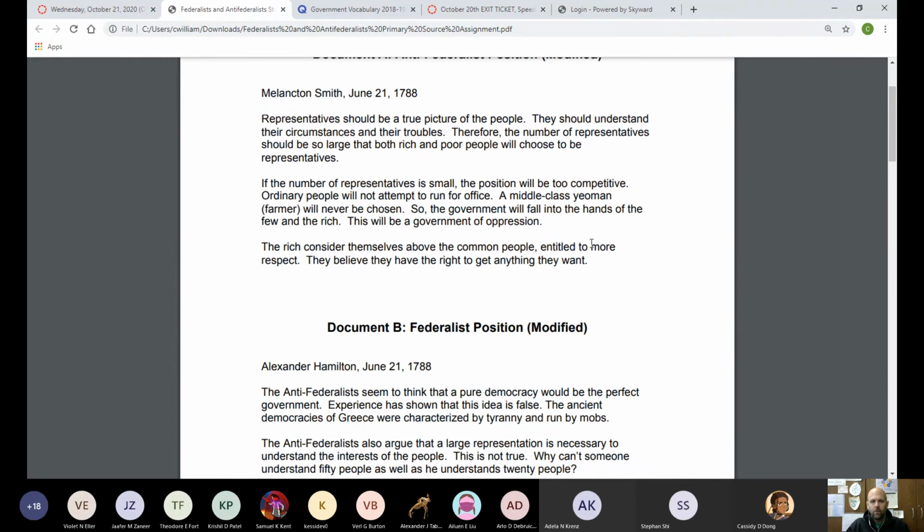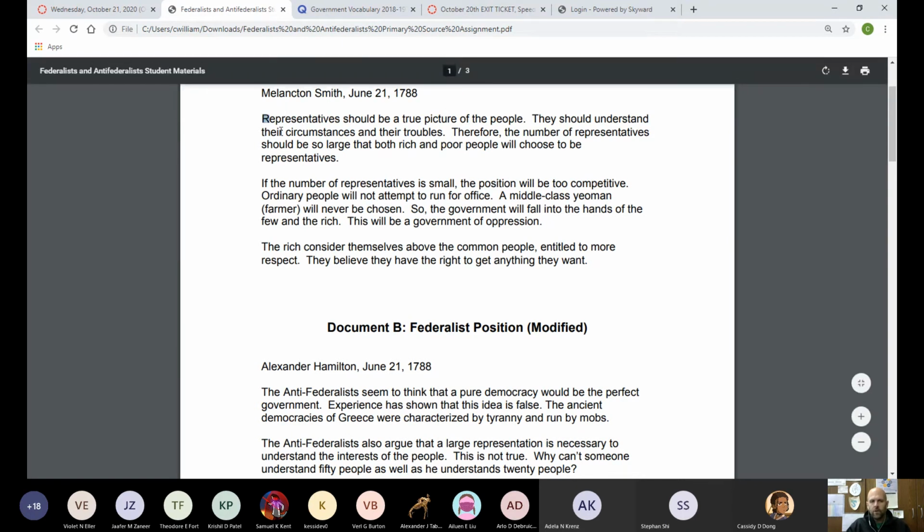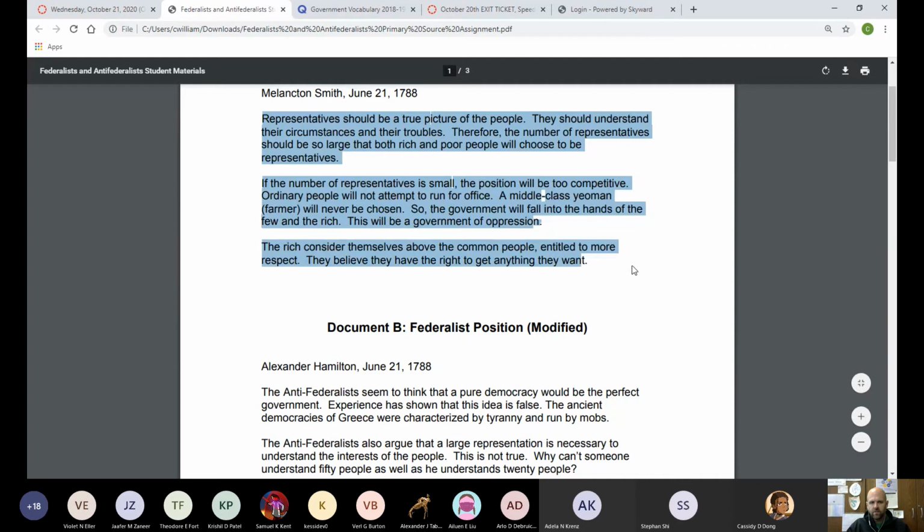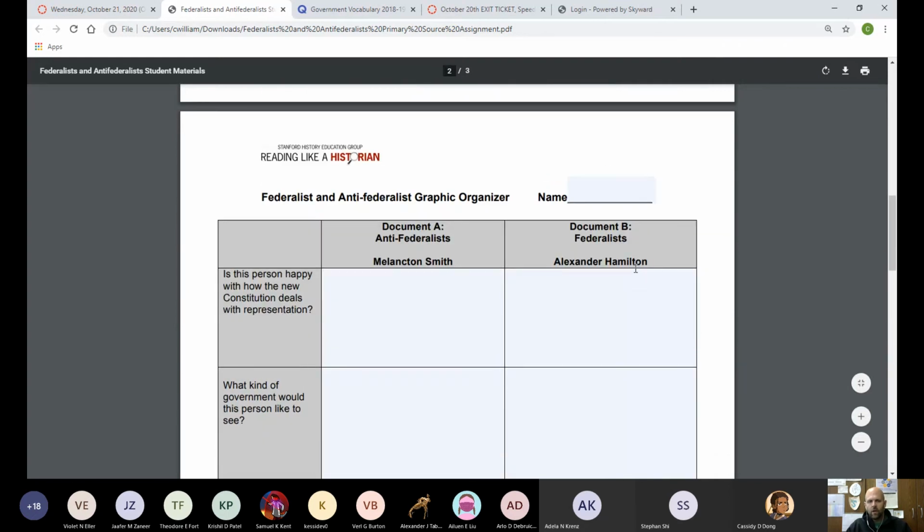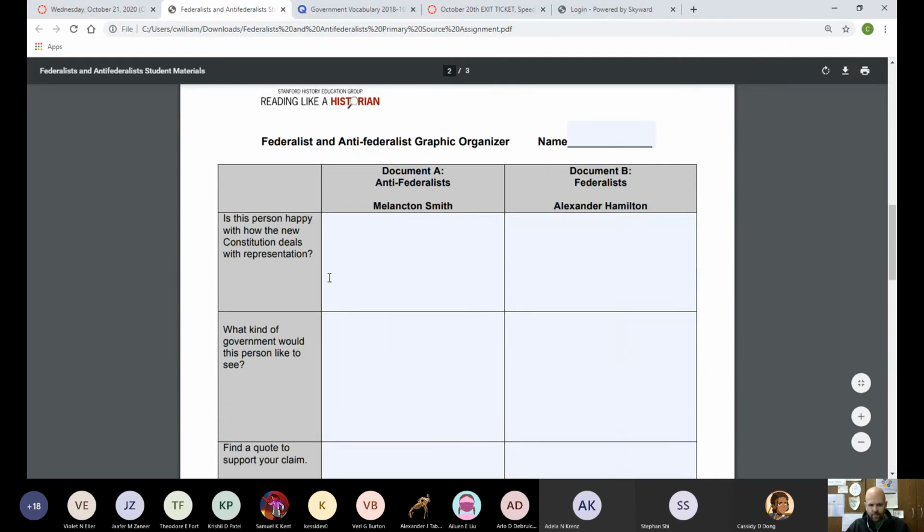Okay. And you're going to see the arguments from both sides about their views on representation in terms of government. And so when you are reviewing these excerpts, you're going to be working on completing this graphic organizer.